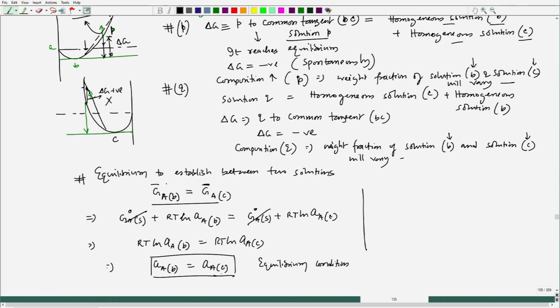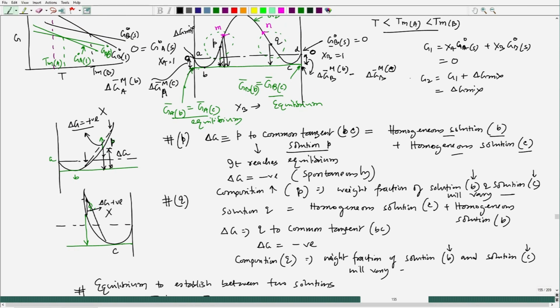In fact, I see that delta G bar M of A in solution B is also equal to delta G bar M of A in solution C. So, we get the same thing here, and those two are also equal.